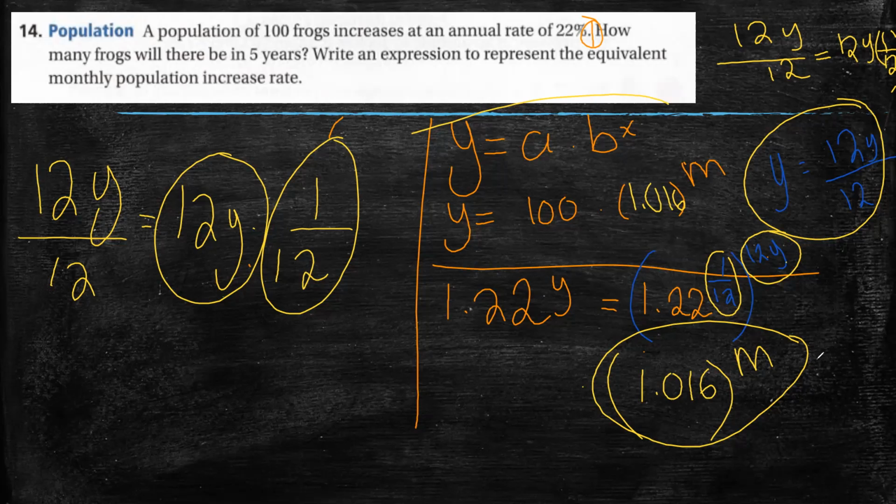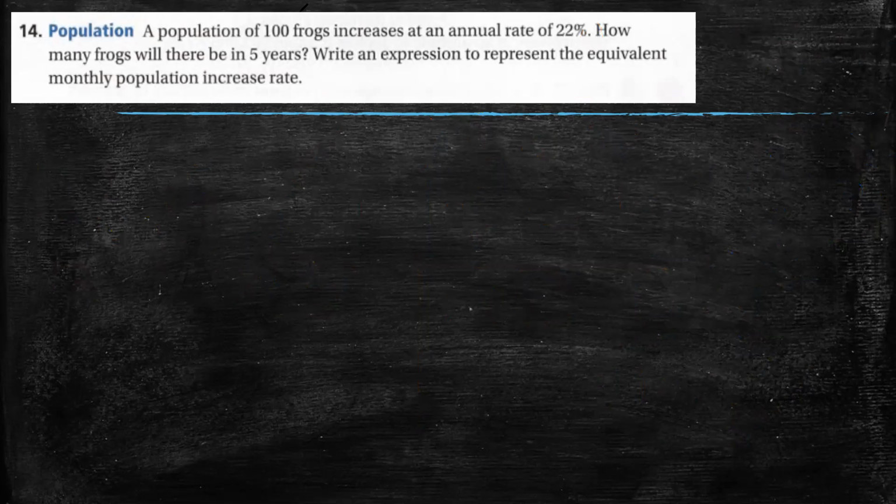Teacher, I actually didn't understand the last part. Okay, I will repeat it now. In the first part, we said that the population is 100 frogs, so y is 100 times b.